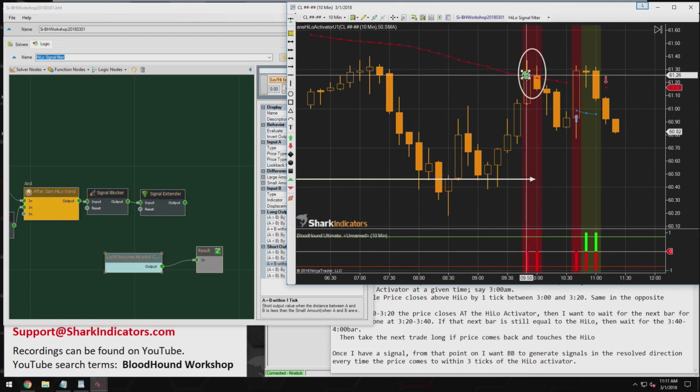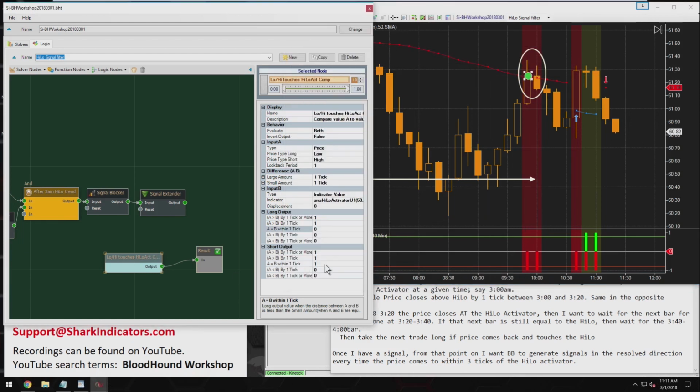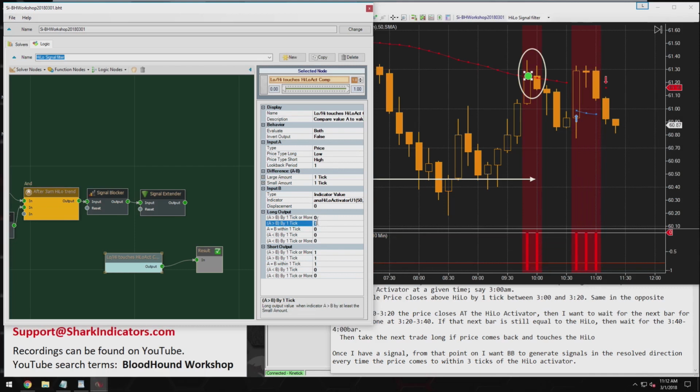That's one way to allow some variance in the system. But if you need price to literally touch the indicator or punch through it, then you can just set your differences back to 0 ticks. Okay, so we essentially reverse the short outputs, and almost always you need to also reverse the long outputs. So let's do that as well.